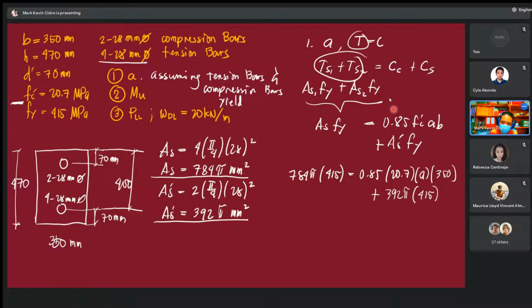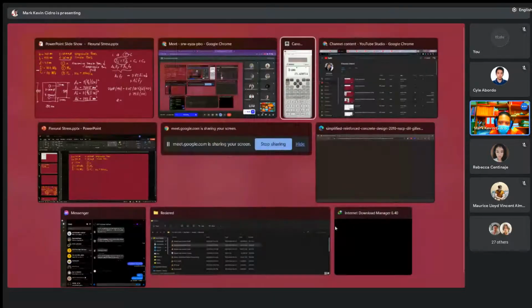Okay, our assumption here, of course, is that we did not assume doubly reinforced because we already know that it is indeed doubly reinforced. What we are assuming is the FY: you are assuming that the steel in compression and the steel in tension yielded. Resolve for A. What's the value of your A?